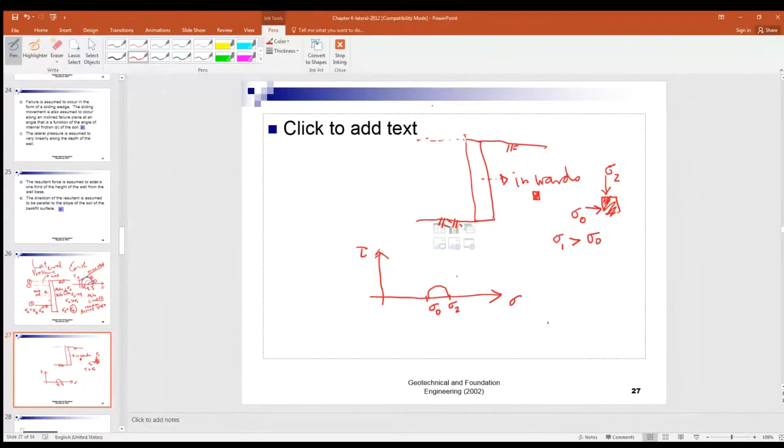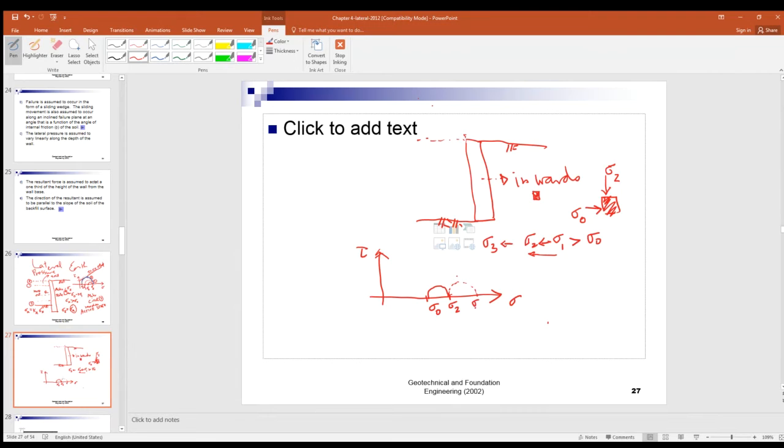When you increase the horizontal stress because of the passive state, because you are pressing the wall against the soil, the sigma naught will be increasing from sigma naught to sigma 1. So you are going in that direction, and then sigma 2, until you got sigma 3.